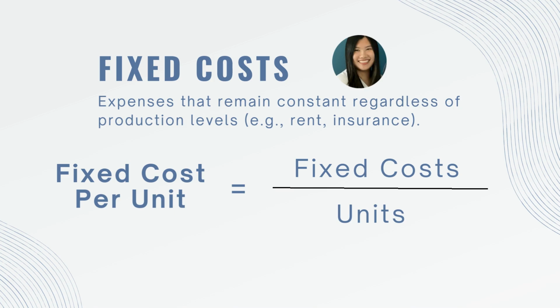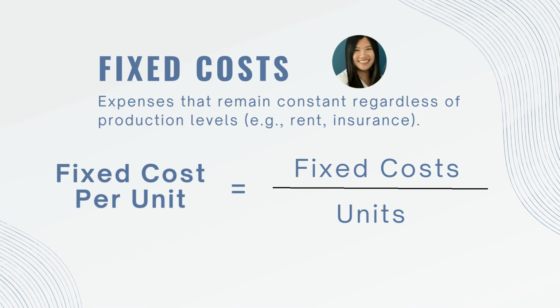The fixed cost per unit usually represents the portion of the total fixed cost that is allocated to each individual unit of product or service produced. Fixed cost is the total amount of all fixed expenses incurred during a specific period, and units refers to the total number of units of products or services produced during the same period.